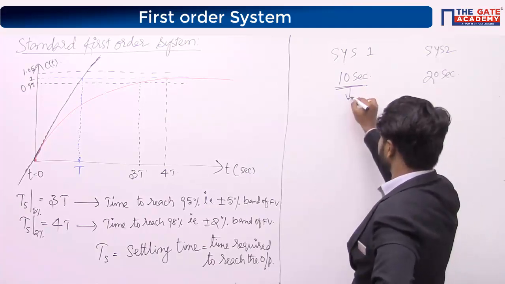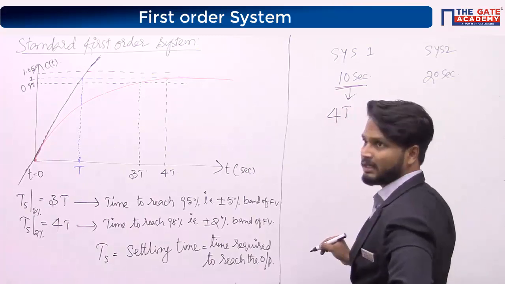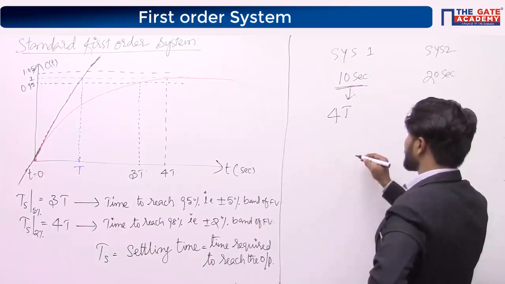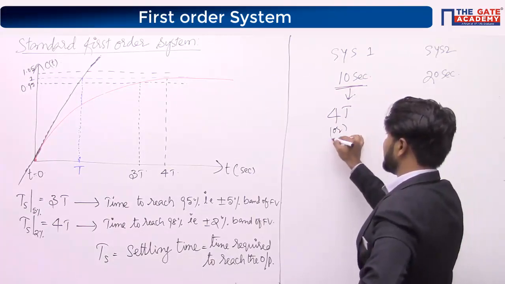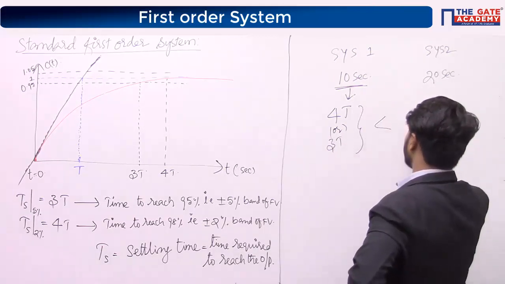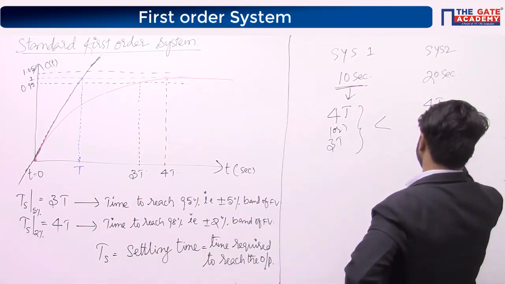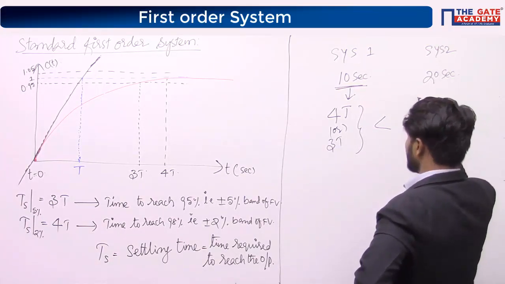So faster means 4T or 3T for this system is less than 4T or 3T for this system. Yes or no?